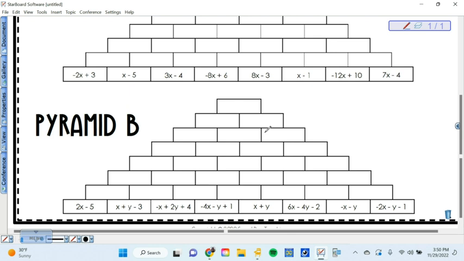Okay, so now we read. I don't think that's a one. I don't think it is a minus one. So 5 minus 1. Oh, okay. So we just pick 4.